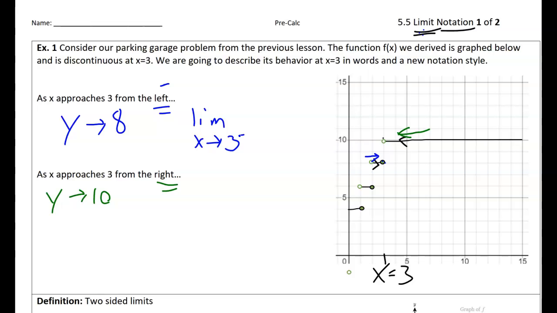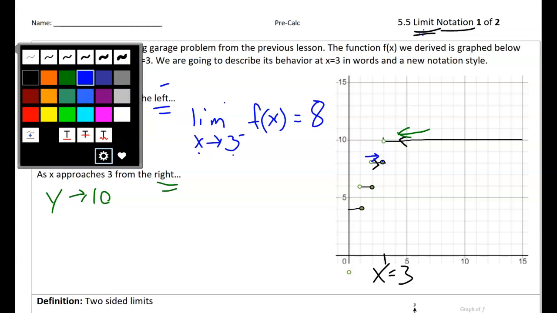It means to the left of 3. So the limit as x approaches 3 from the left of f of x is equal to 8. That's all I say. This means the same thing as what we just wrote over here. It's just writing it in this new notation. This notation makes us look smart because it looks complicated.